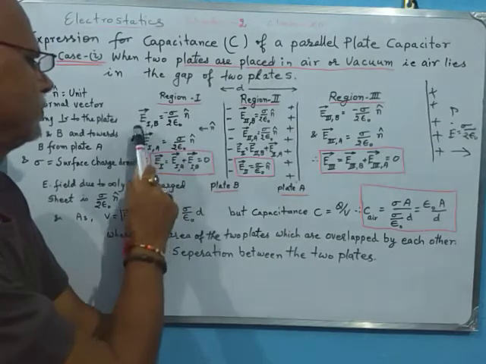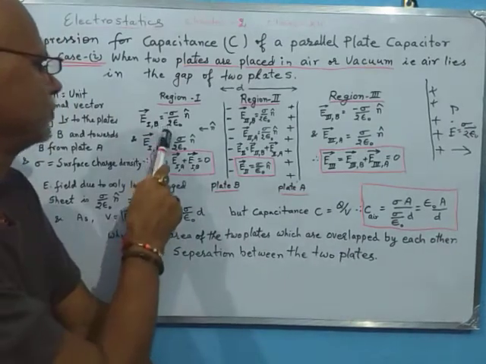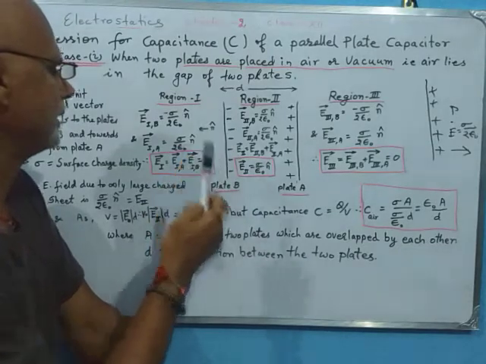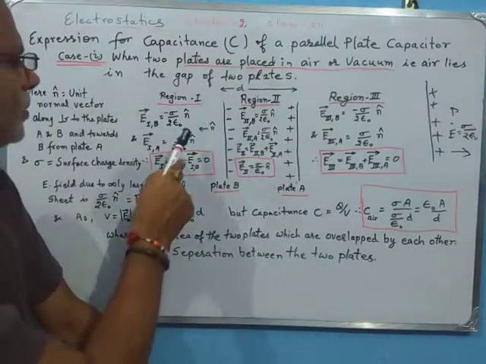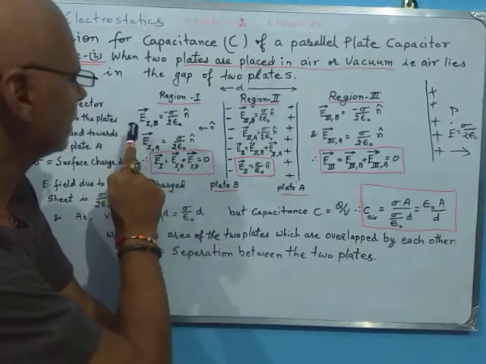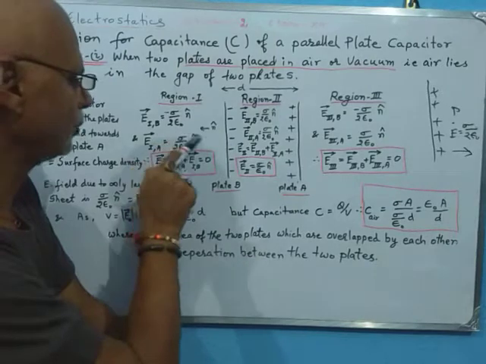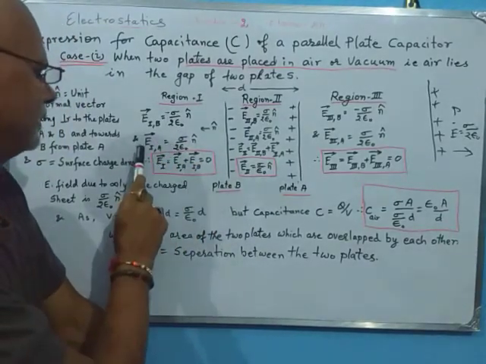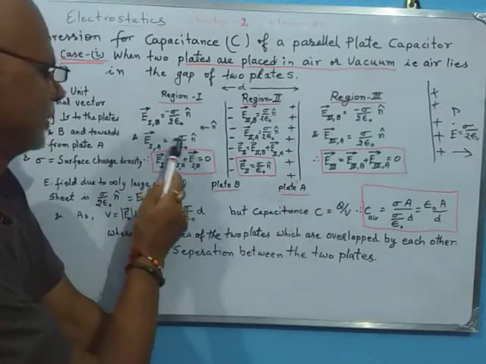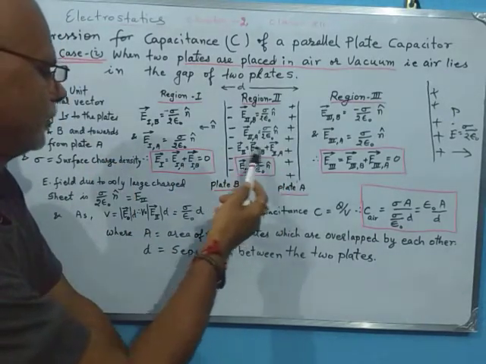So in region 1 you see the electric field due to plate B, which is negatively charged, should be sigma by 2 epsilon naught into n, and since the charge density is negative, the direction of electric field due to negatively charged plate will be from my left to right. That means it will be going into the plate. And electric field in region 1 due to plate A, which is positively charged, will be moving away from plate A along the A to B direction.